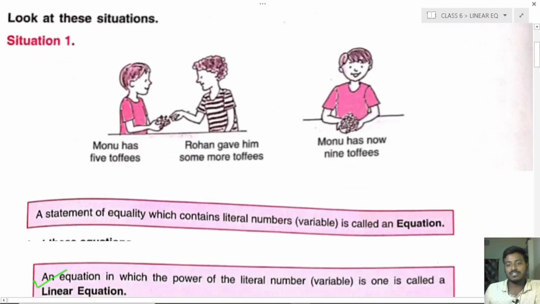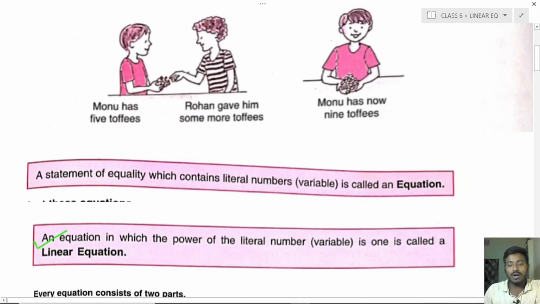First, introduction. We first learn what is an equation, then what is a linear equation. Suppose a literal number or variable x plus 2 is equal to, suppose, 5. A literal number with an equal sign is known as an equation.